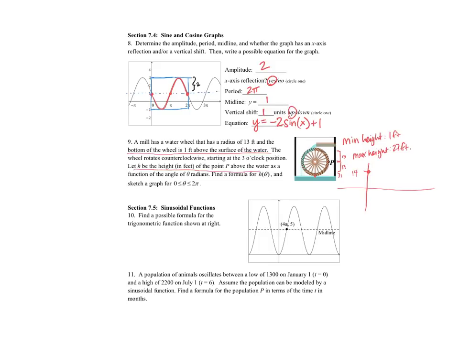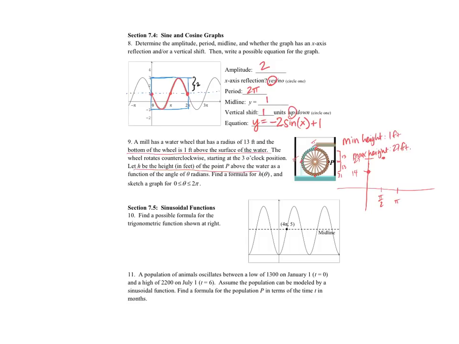And then as it goes up here to pi over 2 radians, the height now is the maximum height, which is 27. So this is pi over 2 at the max, and this is pi radians.